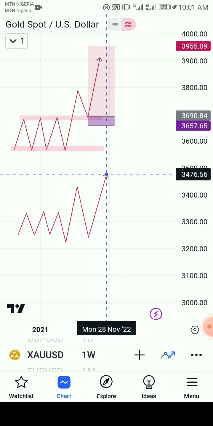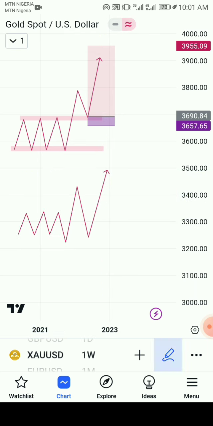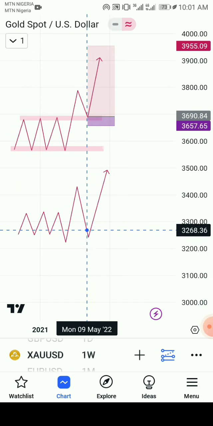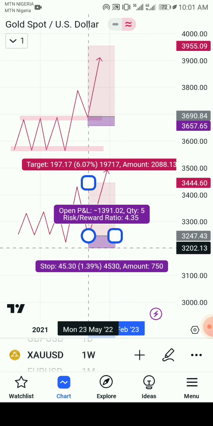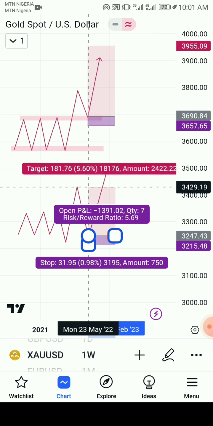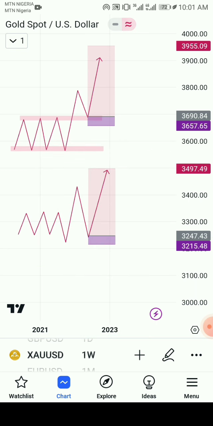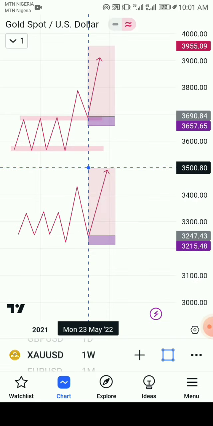Then the expansion. This is where I'll choose to go long from. Why is it? Now, because, okay, I'm coming. Let's have this here.